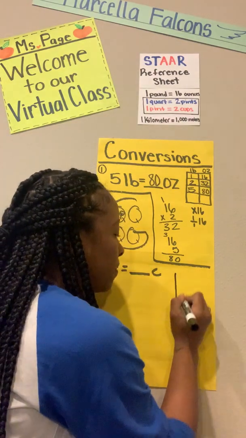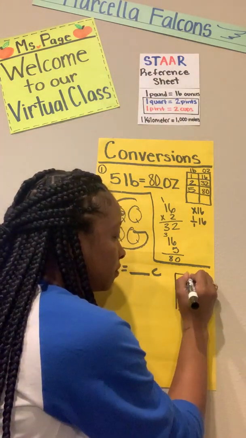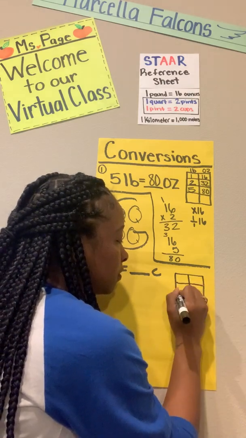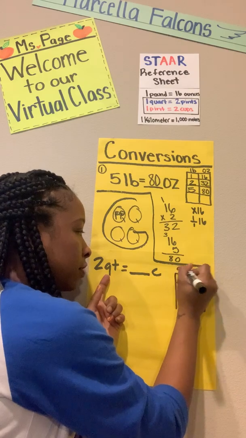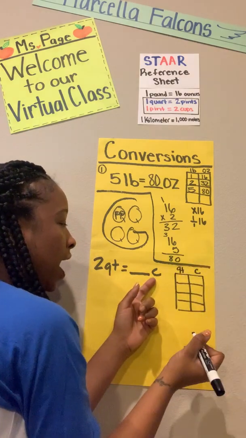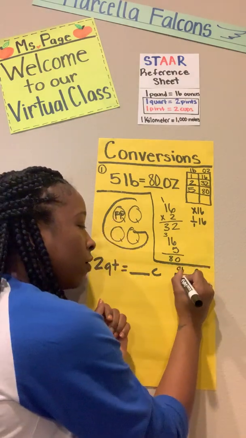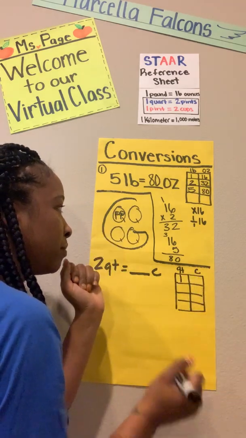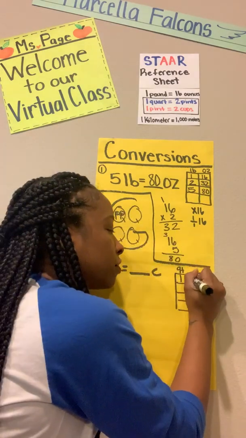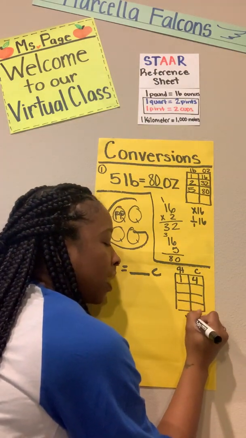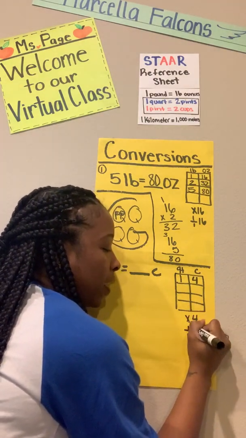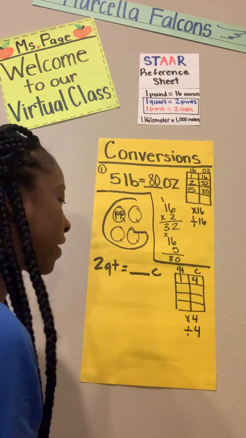So if I make myself a chart, keeping it the same, quarts, cups, I know that 1 quart has how many cups in it? 1, 2, 3, 4. 1 quart, 4 cups. So my rule is either times 4 or divided by 4, okay?